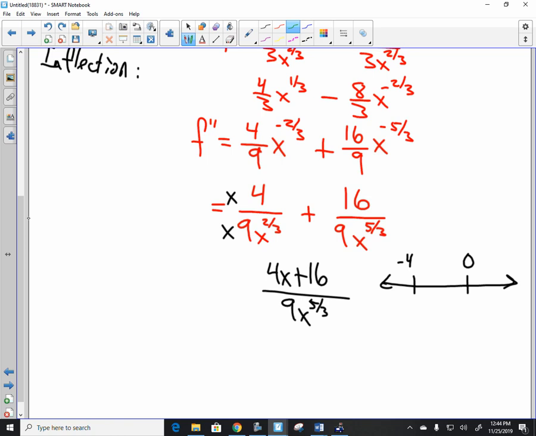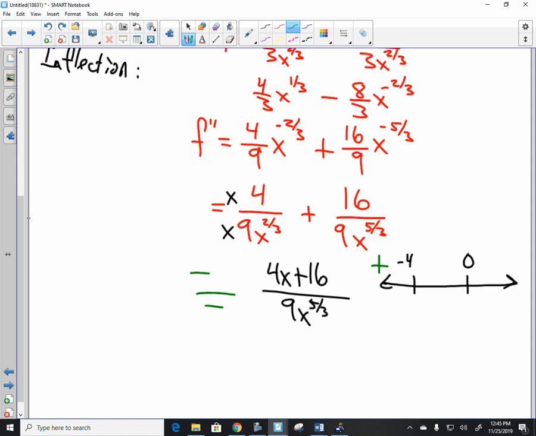Negative 5. If you put a negative 5 in the top, are you going to get a negative or a positive? Negative. And if you take a negative to the 5/3 powers, that can be positive or negative. It can be negative, right? So we get negative over negative, which is a positive.